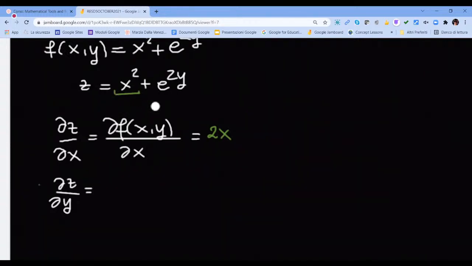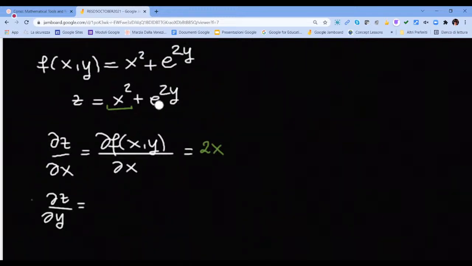In this case, we derive only the second term of the function, because the first one depends only on x. That means it can be seen as a constant, so the derivative of a constant will be 0. We compute the derivative of the exponential function, that is the derivative of the argument, times the exponential function as it is. And this is the first partial derivative.